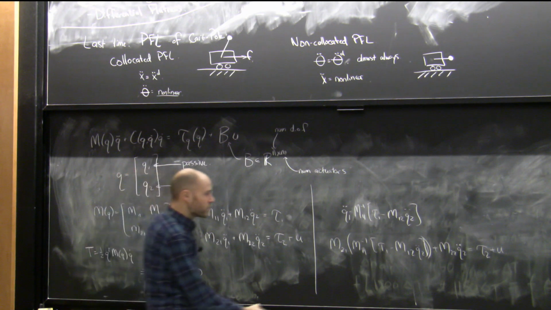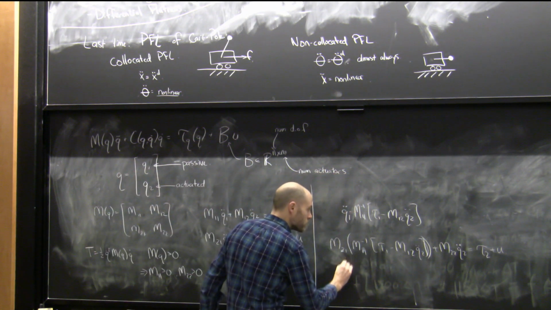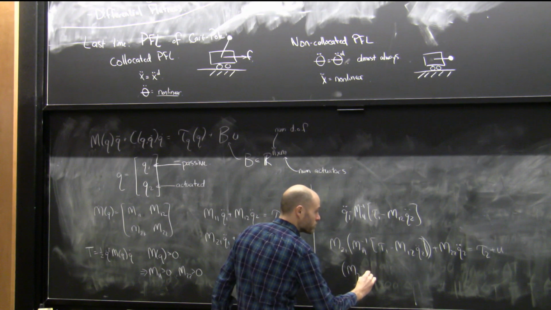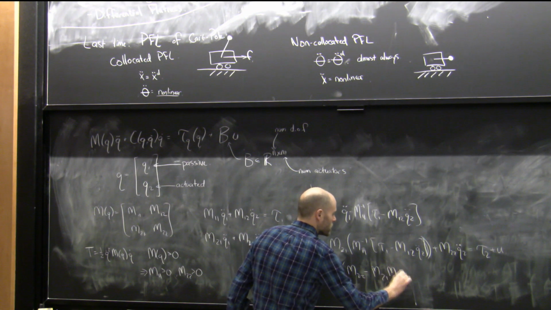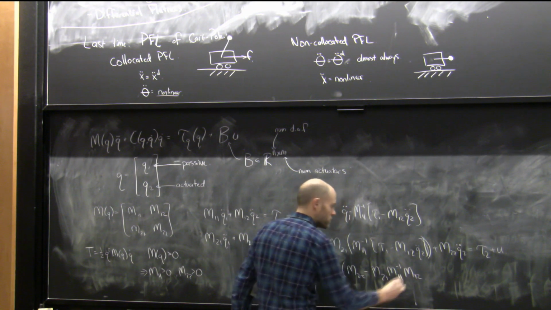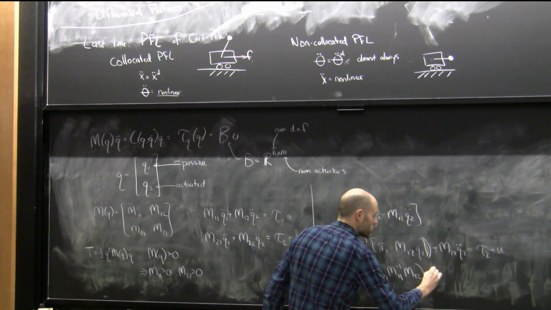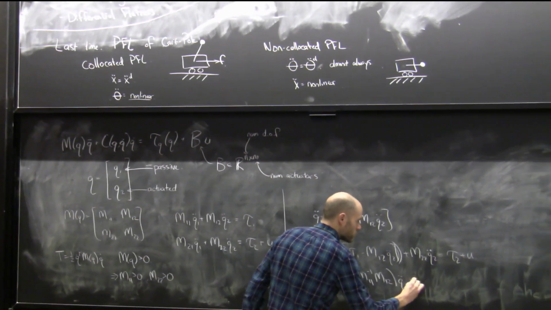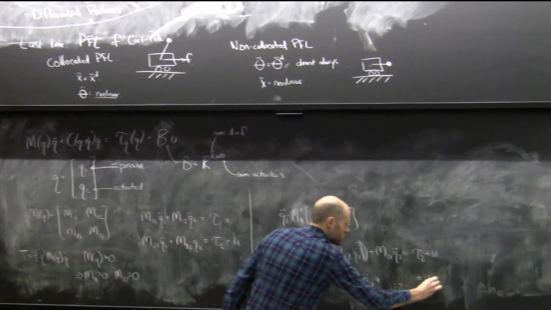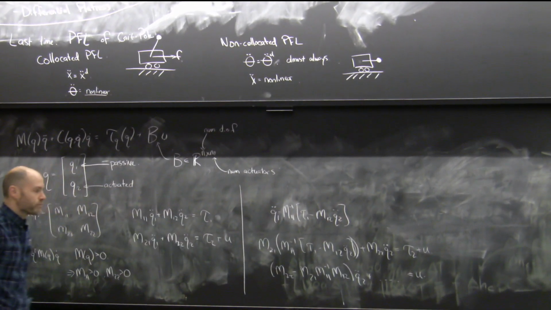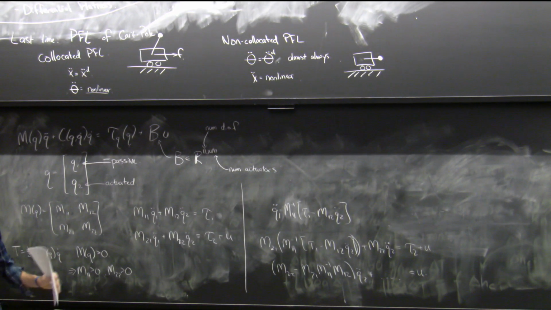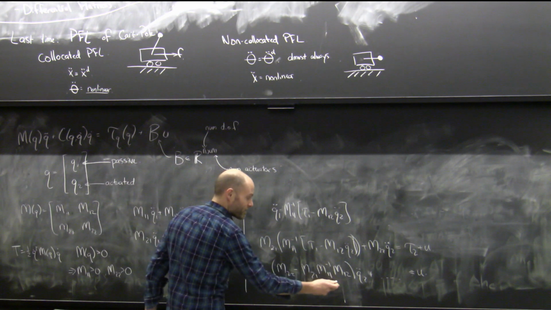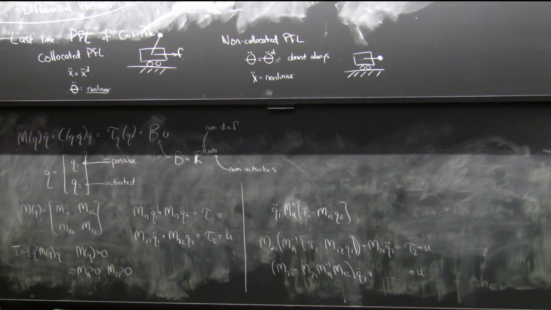Actually, if you group the coefficients in front of Q2 double dot, you get this thing that some of you might recognize as a Schur complement: M22 minus M21 M11 inverse M12, times Q2 double dot equals some other stuff. That's also invertible, just by nature of being a Schur complement. But if Schur complement is not in your vocabulary, just trust me that it's invertible. This is something that happens with positive definite matrices often. It's a nice thing.